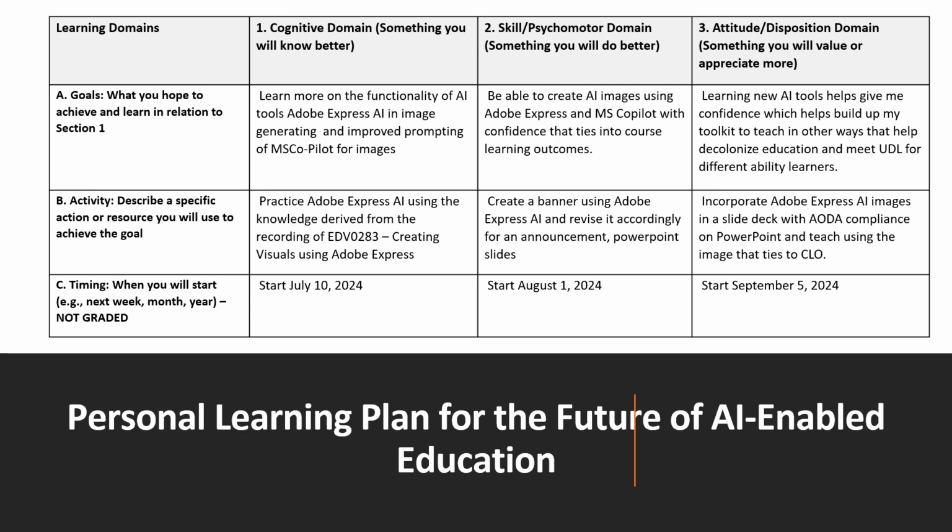So get a little silly at the beginning by learning to play in the same sandbox as the cognitive domain, and then move to really creating better, stronger images that are truly tied to the course learning outcome.